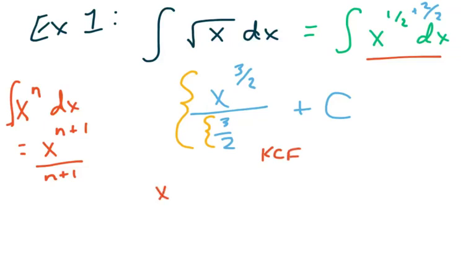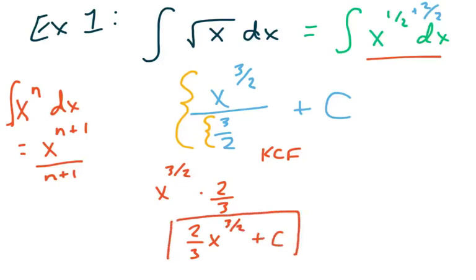So we are going to keep our numerator, and we are going to multiply by the reciprocal of the denominator. So this just kind of cleans it up a little bit. So we end up with 2/3 times x to the 3/2 plus c. And that would probably be the best way to write our answer.